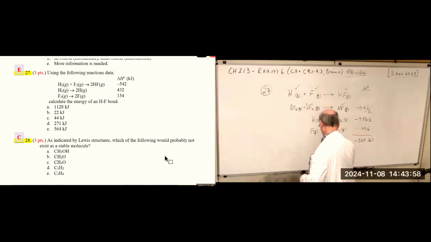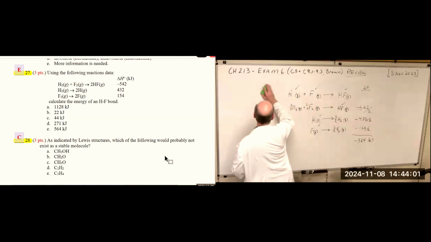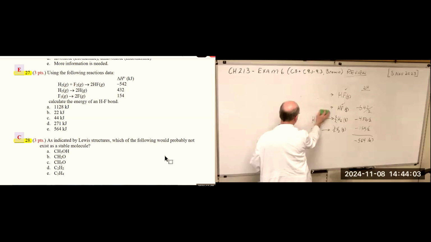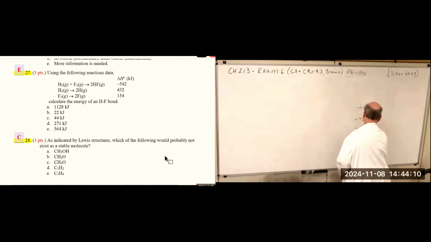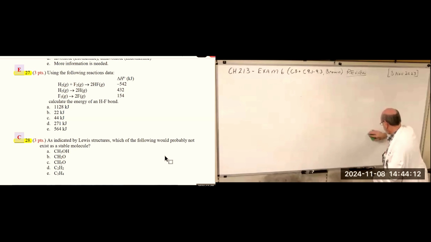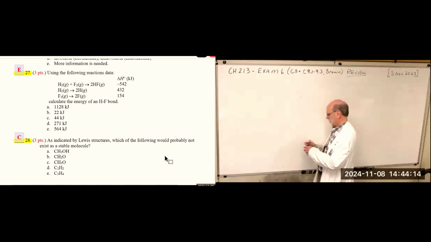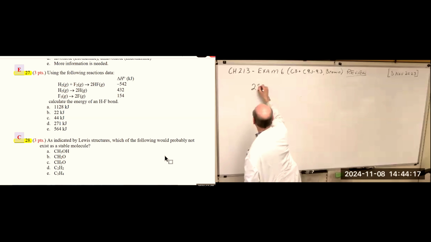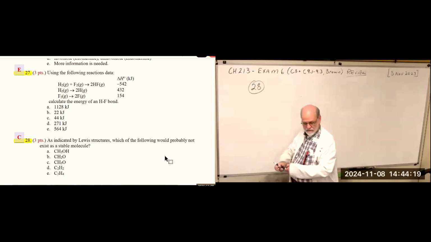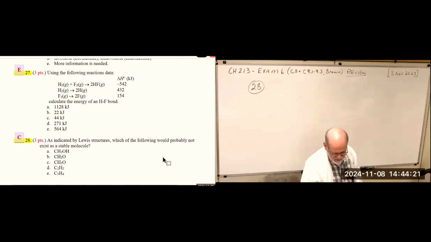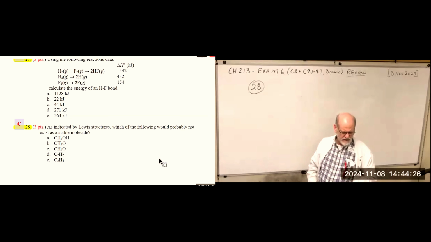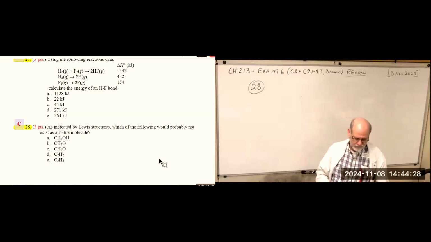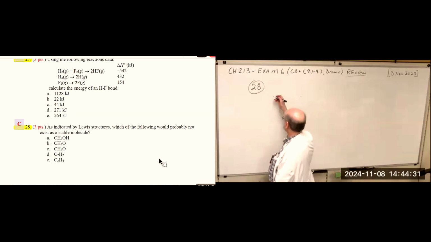All right, 28. As indicated by the Lewis structure, which of the following would probably not exist as a stable molecule? All right. Let's see.